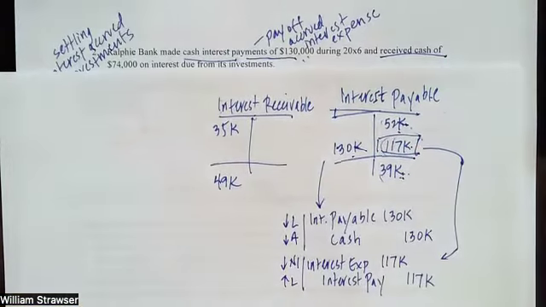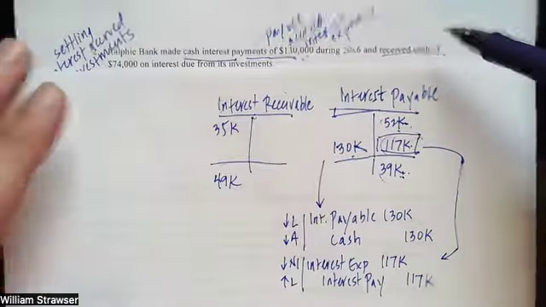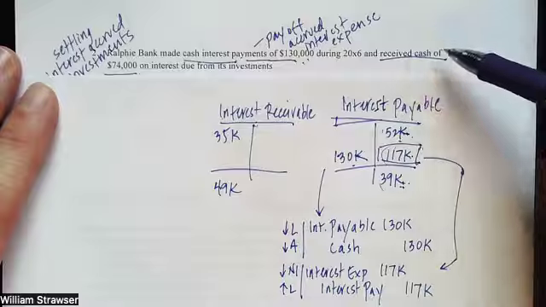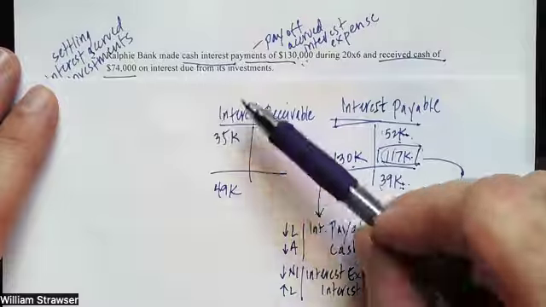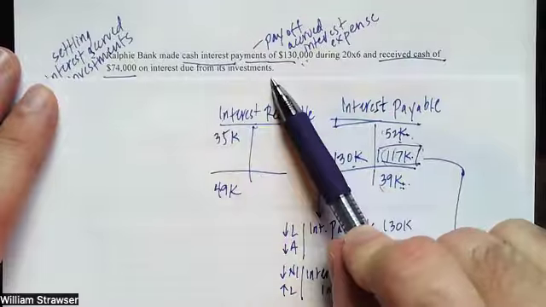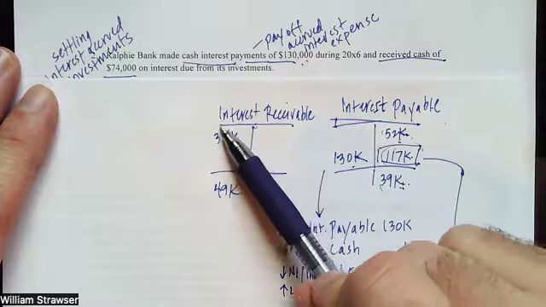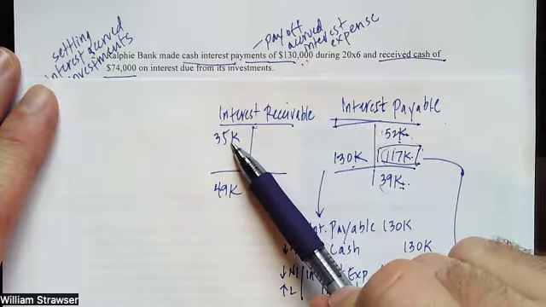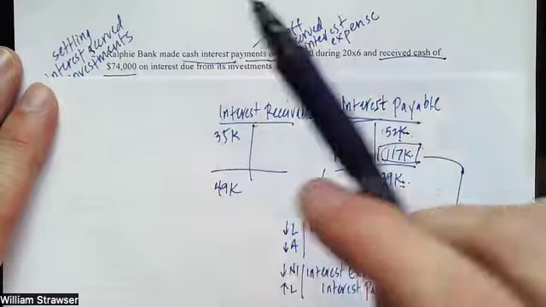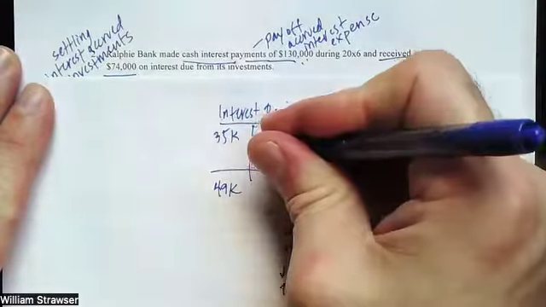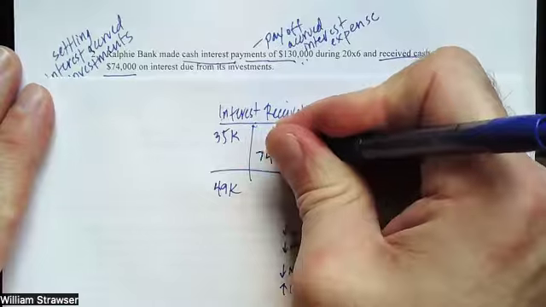And just filling out the effects there. For the receivable, our cash information is that we received cash of $74,000 on interest due from our investments. So people are paying us interest here. Well, we were due to receive 35,000, but somehow we got checks for $74,000 that paid off interest.